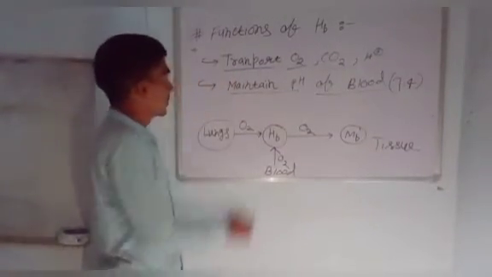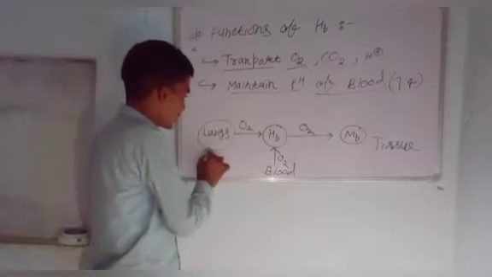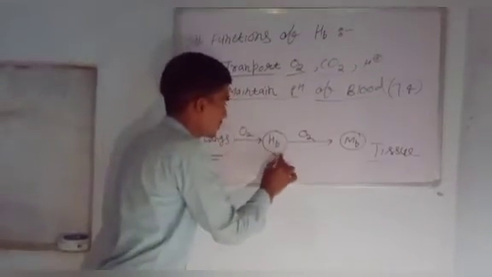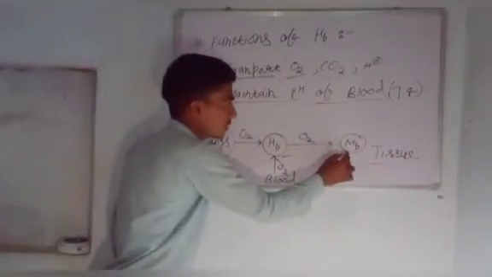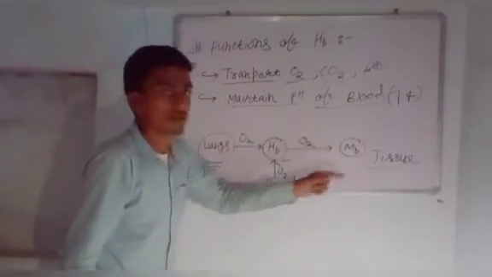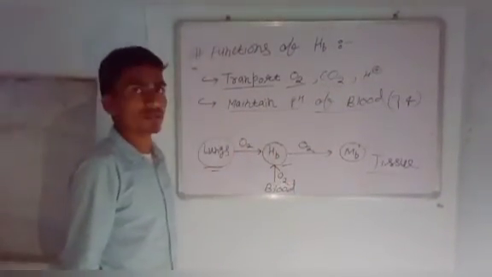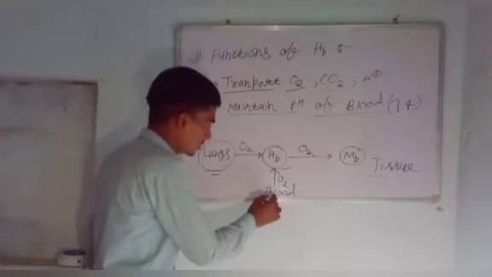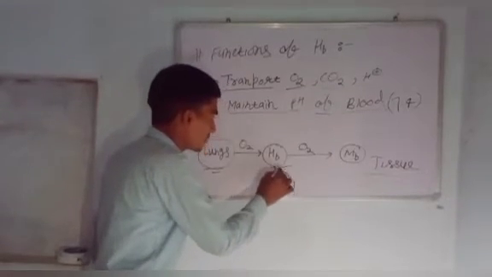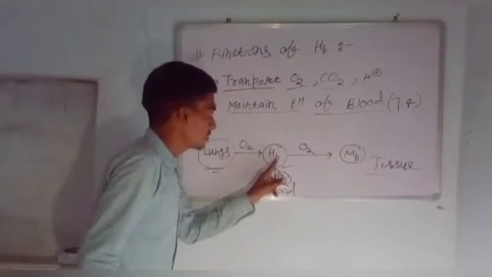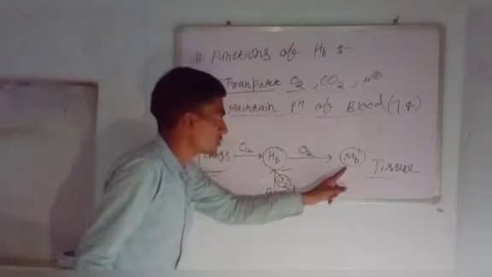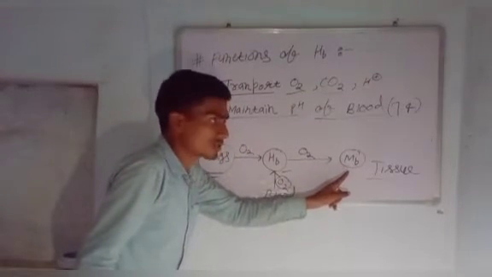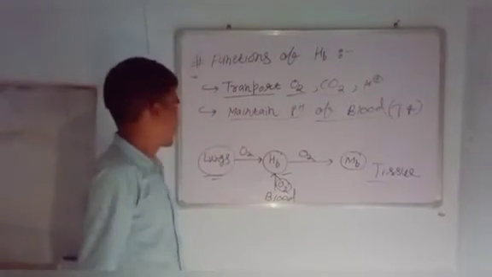Oxygen is transported from lungs to tissue through hemoglobin, and there is myoglobin. Myoglobin acts as a storage protein for oxygen. Here blood oxygen binds with hemoglobin and moves towards tissue and is stored in the form of oxygen in myoglobin.